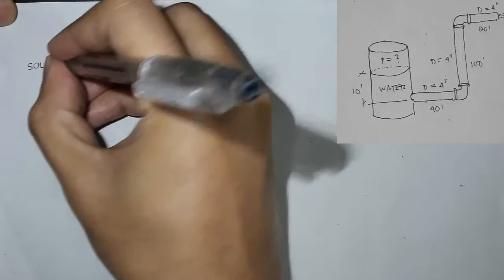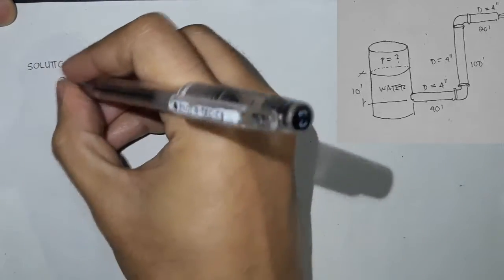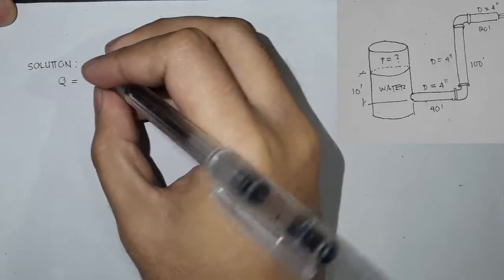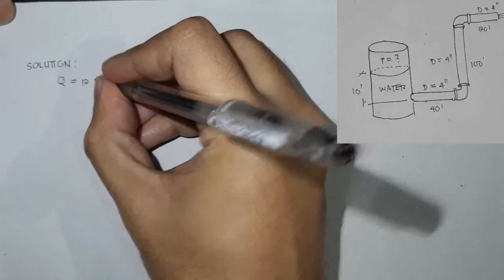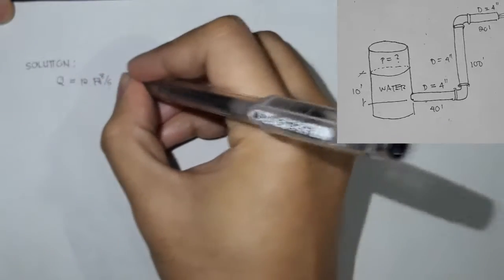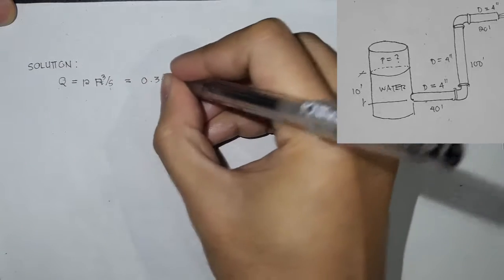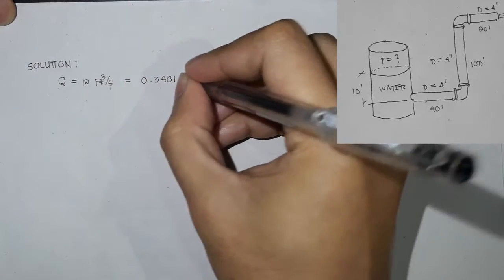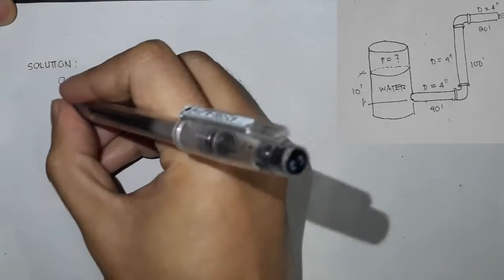As I have stated earlier, the given discharge Q is 12 feet cubed per second. Convert this to meter cubed per second, then it will be 0.3401 meter cubed per second.